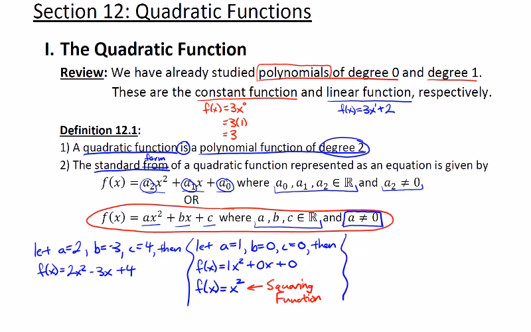I want to know what happens if I let a be equal to 0. So let's say that I let a be 0, b is 3, and let's say c is 1/2. They're all real numbers, but we selected a to be 0. We know we're not supposed to do that, but I want to see what happens when we do.